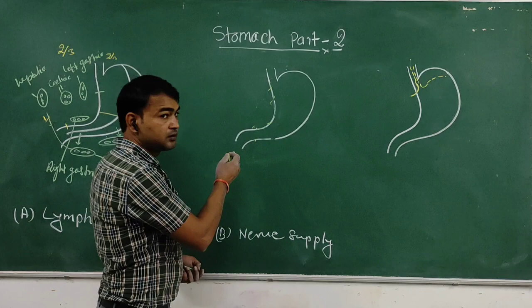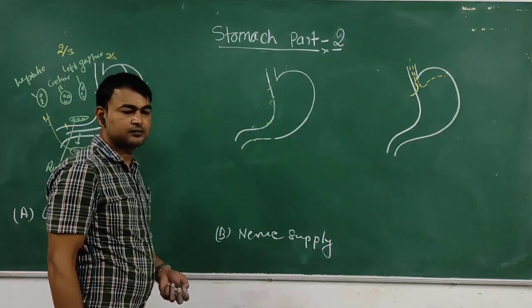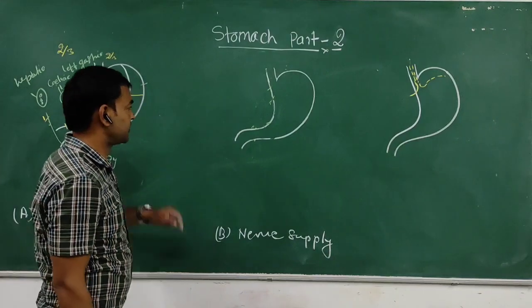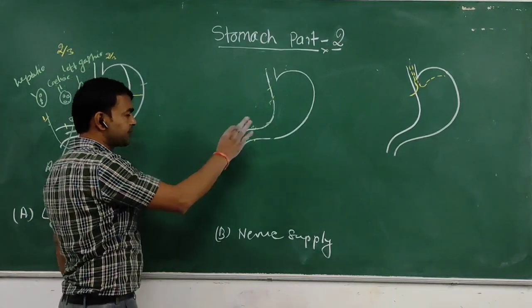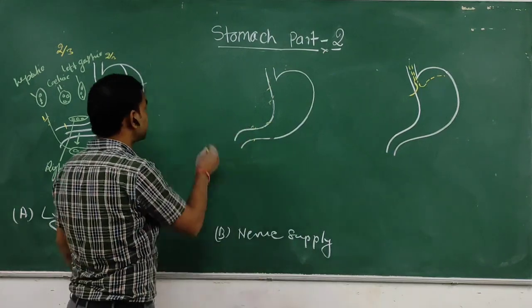Now the nerve supply of the liver. Sorry, nerve supply of the stomach. So the stomach is supplied by two types of nerves, the sympathetic and the parasympathetic.